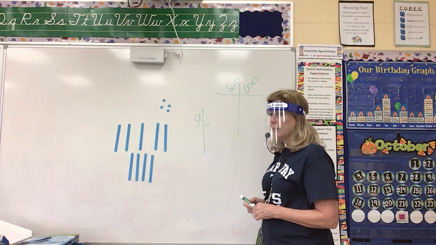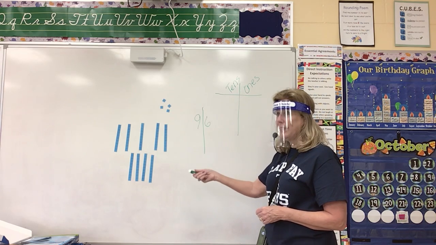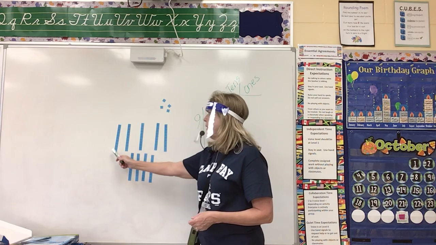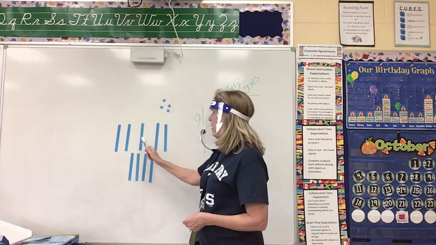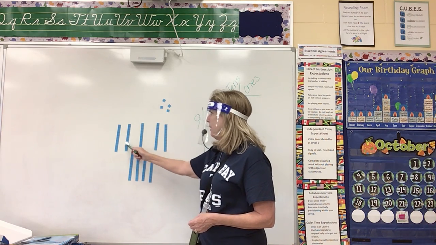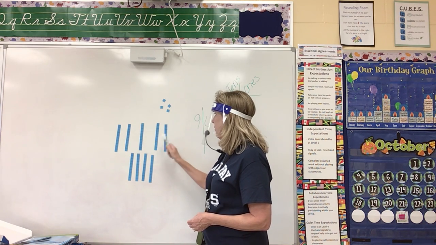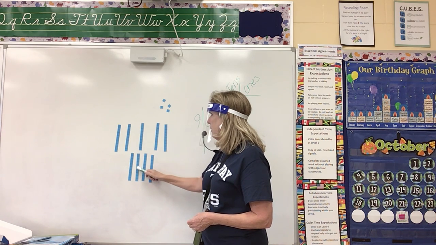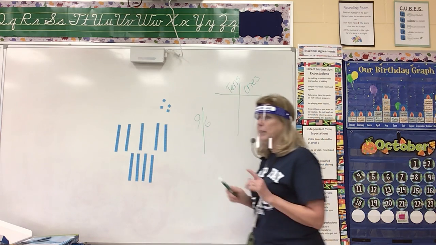You counted 90 tens? Let's count together. 1 ten, 2 tens, so how many complete rows can he make?